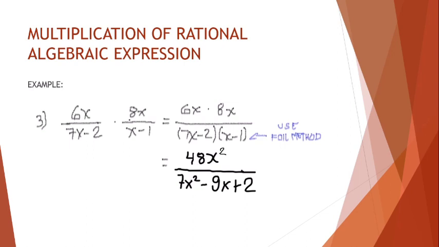Ngayon, 6 times 8x is 48x squared. Ngayon, ito ay sinimplify nyo. Use FOIL method. So, 7 times x is 7x squared. Negative 2 times negative 1 is positive 2. Negative 2x plus negative 7x is negative 9x.